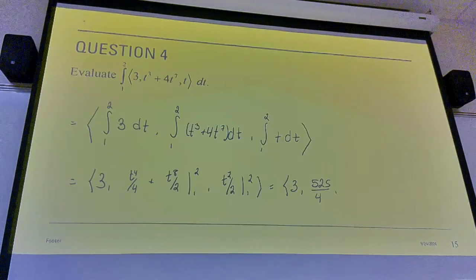There's your integral. Evaluate this antiderivative.